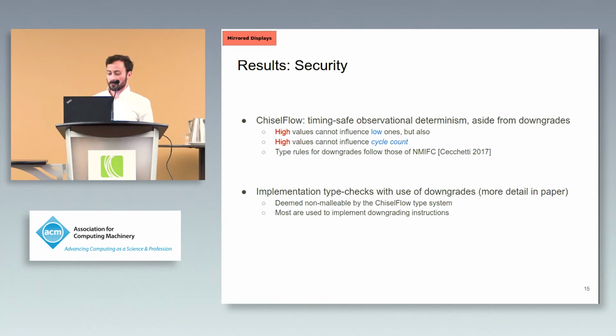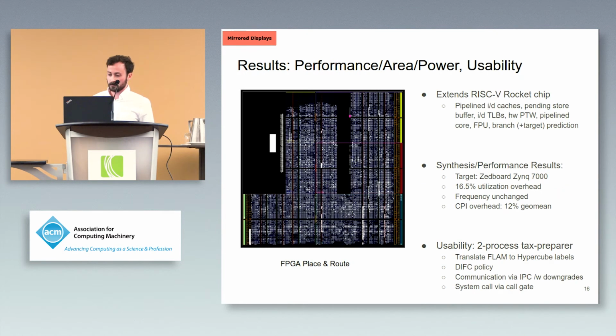The type rules for downgrades in Chisel flow also closely follow those of the type system used to study the security property non-malleable information flow control. The implementation of Hyperflow also type checks with Chisel flow with the use of some downgrades. The downgrades are all deemed non-malleable by the type system, and most of these downgrades are used to implement the ISA level downgrading instructions.